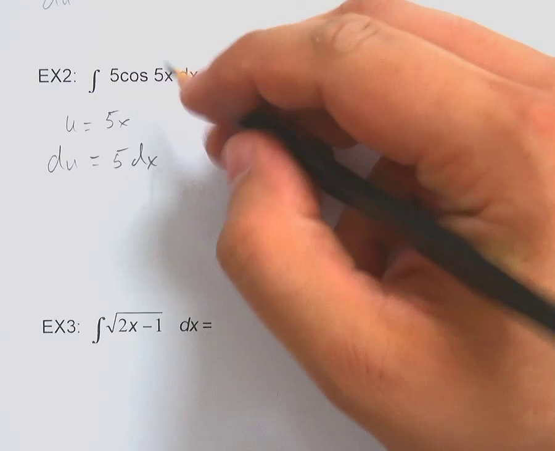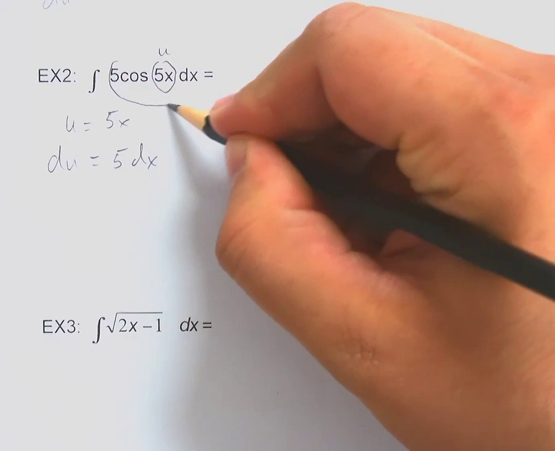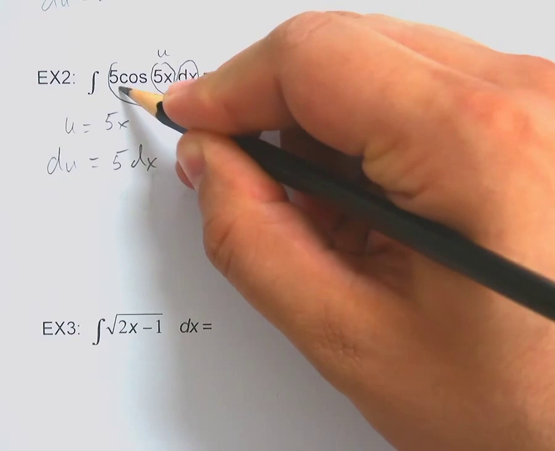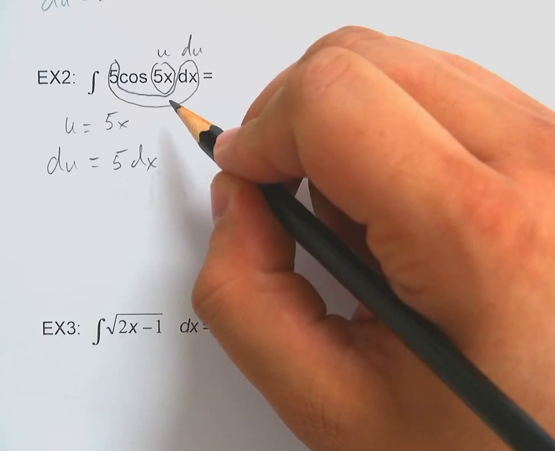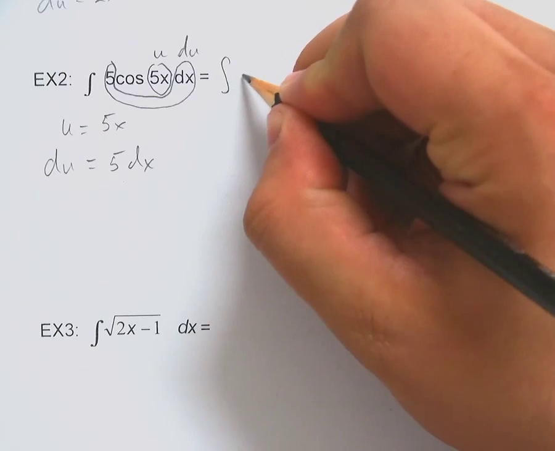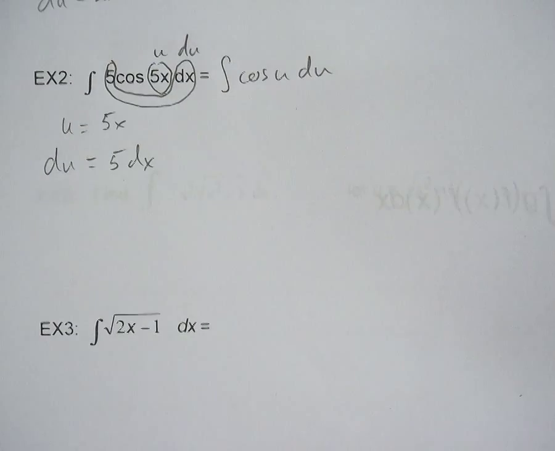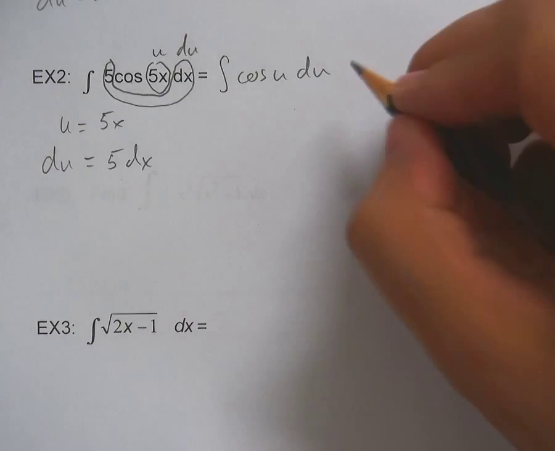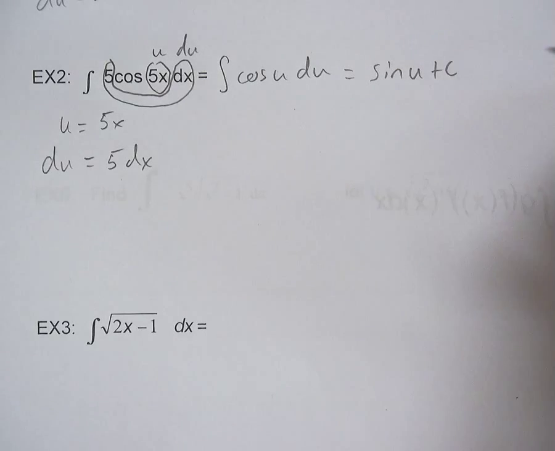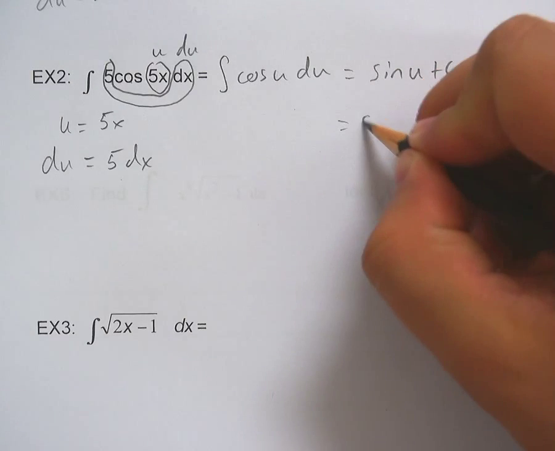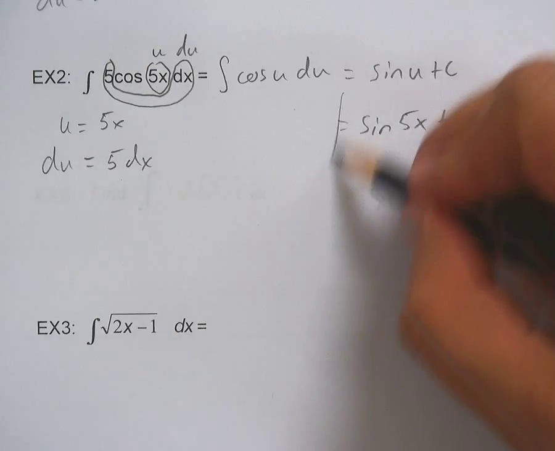So good. We've got u and we've got du. I like to circle what they are. That way I know what I'm getting myself into here. So this is the integral of cosine u du, which is sine u plus c, sine of 5x plus c.